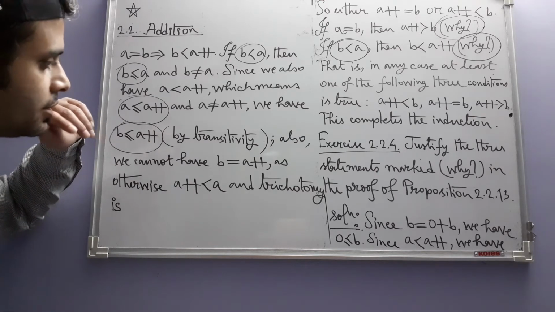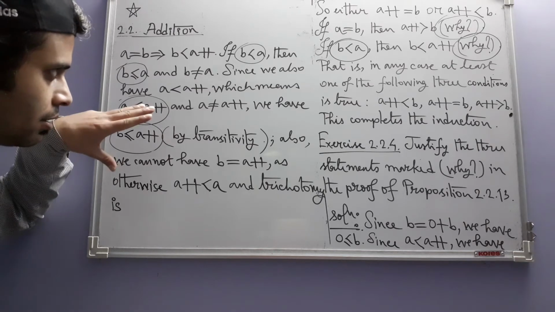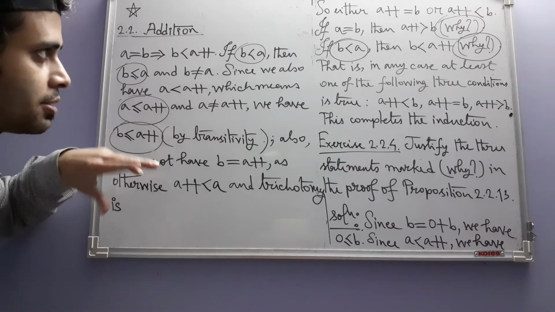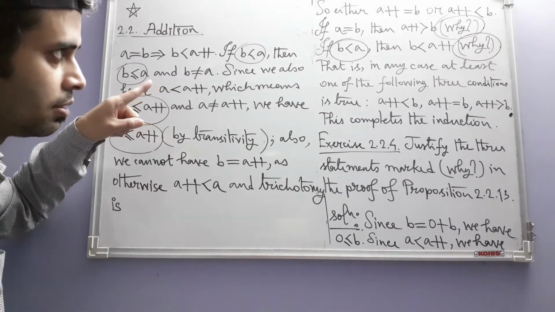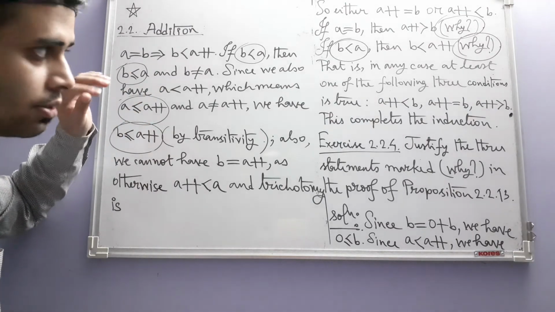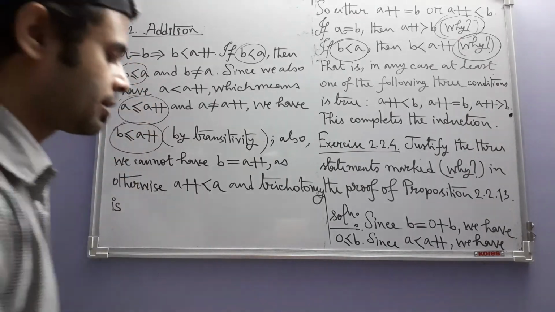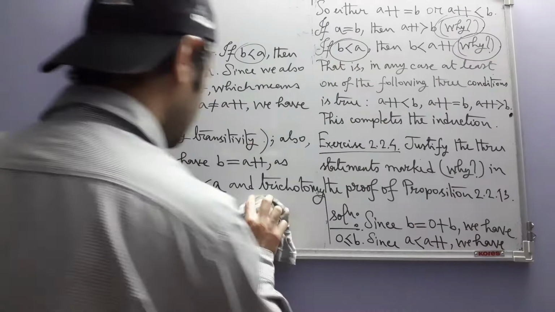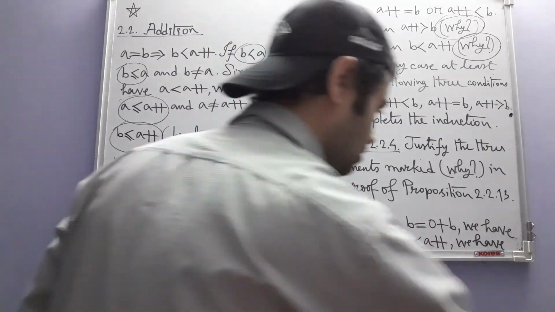I cannot write trichotomy is violated because I am still in the process of proving the previous proposition. The whys have to be answered, then only the proof will be over and I can use trichotomy. So I cannot give this justification.